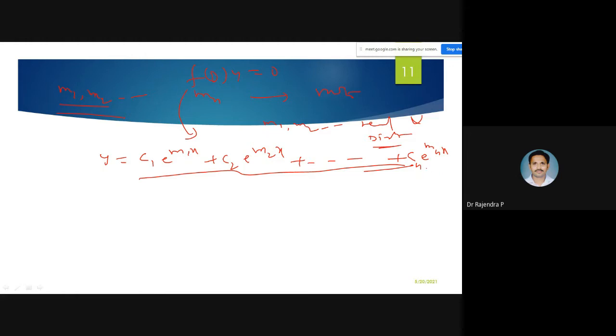Is it clear? It depends on the roots, whether the roots are real and distinct, or real and equal maybe. If roots are equal, how many roots are equal? Based on that, we are going to write the solutions. All those we will discuss in our next class.